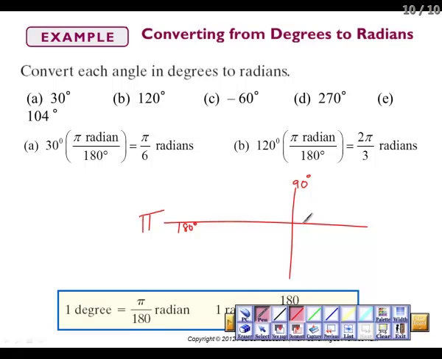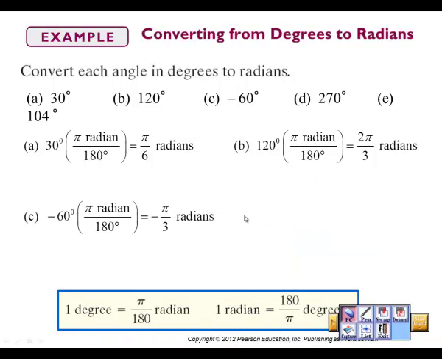So 120 is going to be in between 90 and 180, right? So this is 120 degrees, but it's also 2 pi over 3 radians. And we could look at this as 2/3 of pi.